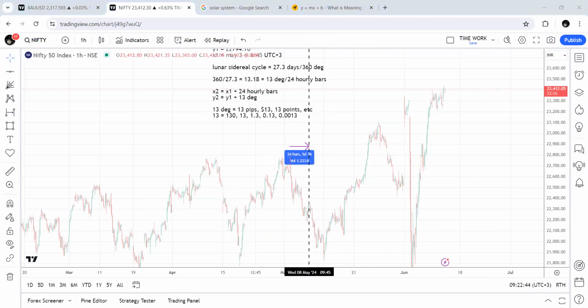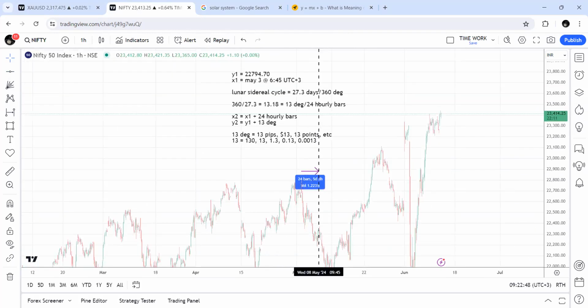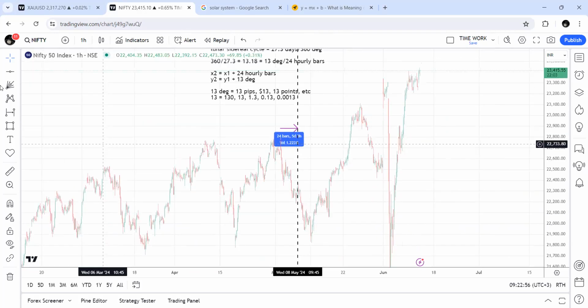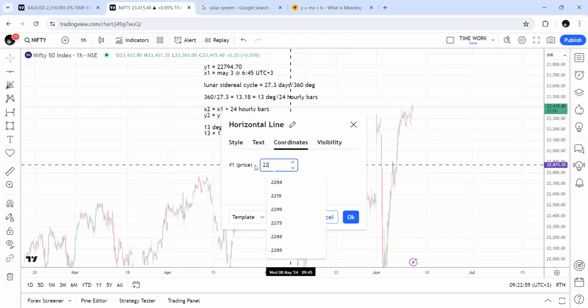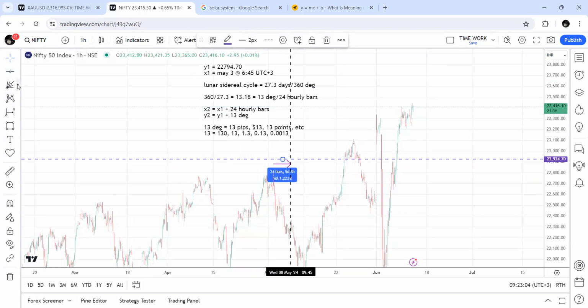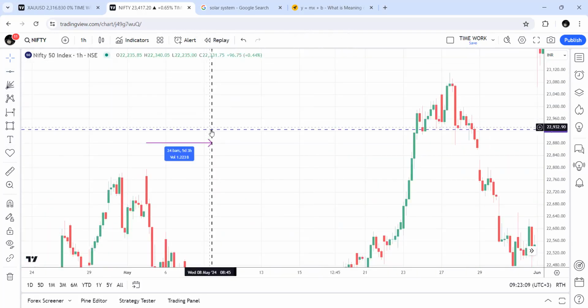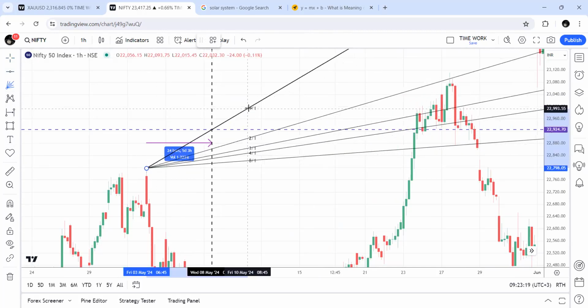So we'll do 22794.7 plus 130, 22924.70. And now this intersect is my second point, x2 and y2. So this is x1, y1. Here is x2, y2. Now I can take my slope, my line, and plot it through.